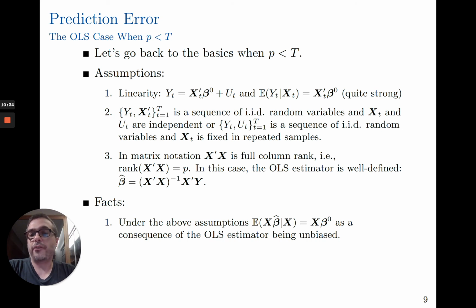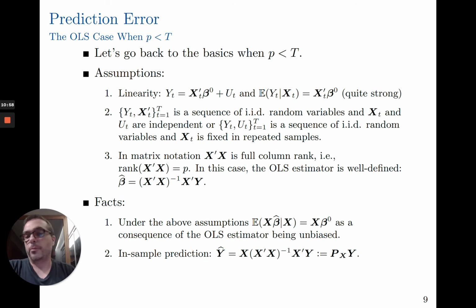And this comes from the fact that the OLS estimator is unbiased, okay? So if under the assumption that all the data is IID and x and u are independent, or assuming x fixed and u IID, we can show that the OLS estimator is unbiased for the true parameter, okay?